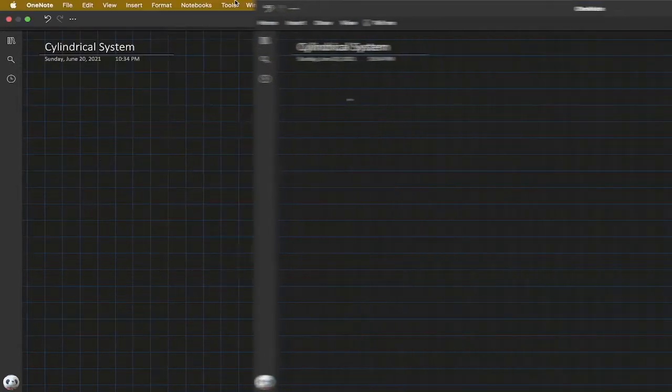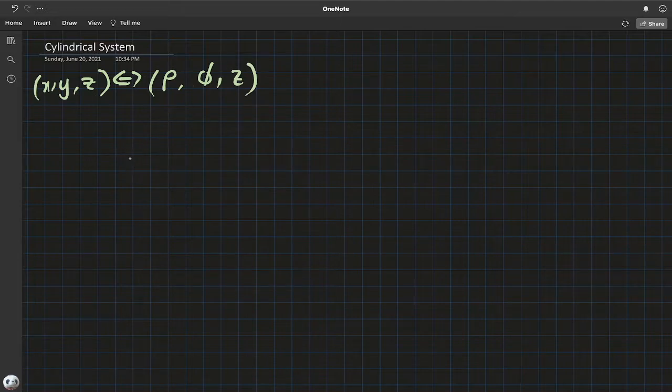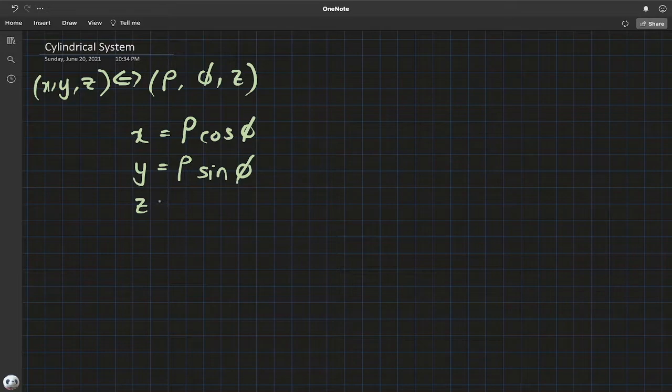Okay, so let's move on to a cylindrical system. A cylindrical system is a system where, instead of x, y, z, which was your Cartesian system, you now have the free variables rho, phi, and z, such that your x in your Cartesian system is nothing but rho times cosine of phi, y is nothing but rho times the sine of phi, and z is just z.